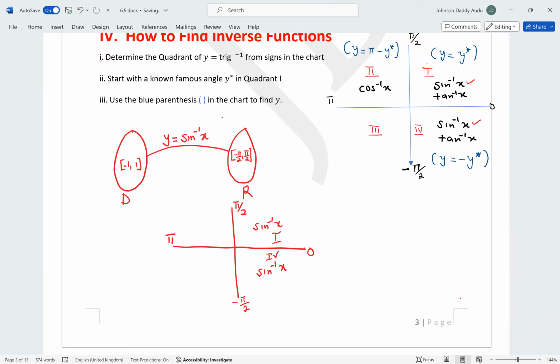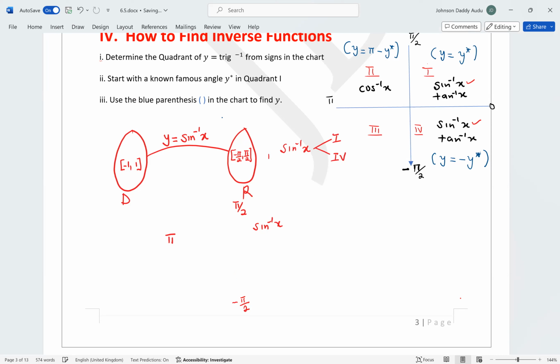Now let's take another function. This tells us sine inverse is going to be either in the first or in the fourth quadrant.